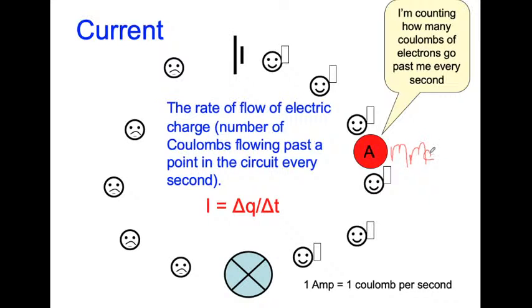And an ammeter will tell you how many coulombs a circuit has, which is essentially counting how many electrons, how many coulombs of electrons go past every second.